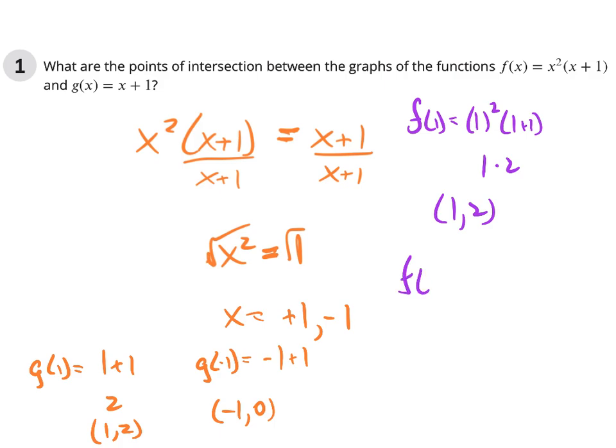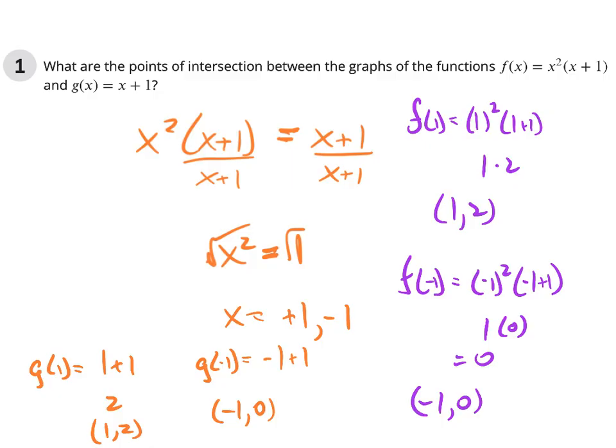Let's try f of negative 1. Negative 1 squared times negative 1 plus 1. Negative 1 squared is 1. Make sure you put it in parentheses. When you substitute, use parentheses to keep your signs straight, which equals 0. So our point is negative 1, 0.